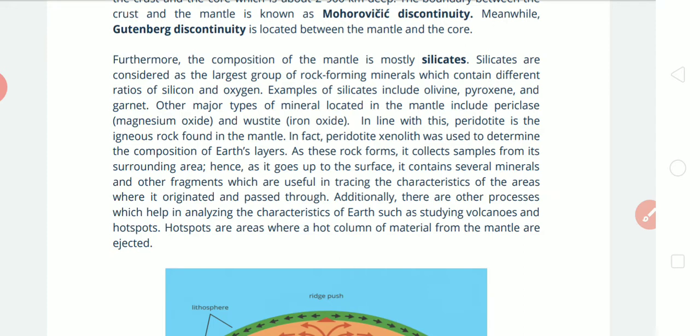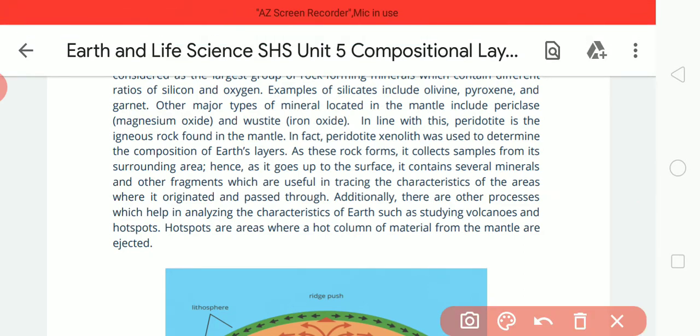In line with this, peridotite is the igneous rock found in the mantle. Okay, so peridotite class is the type of igneous rock found in the mantle. In fact, peridotite xenolith was used to determine the composition of Earth's layers. As this rock forms, it collects samples from its surrounding area.